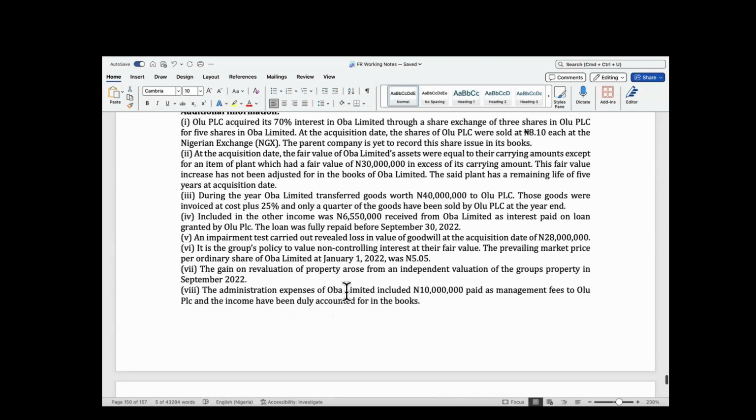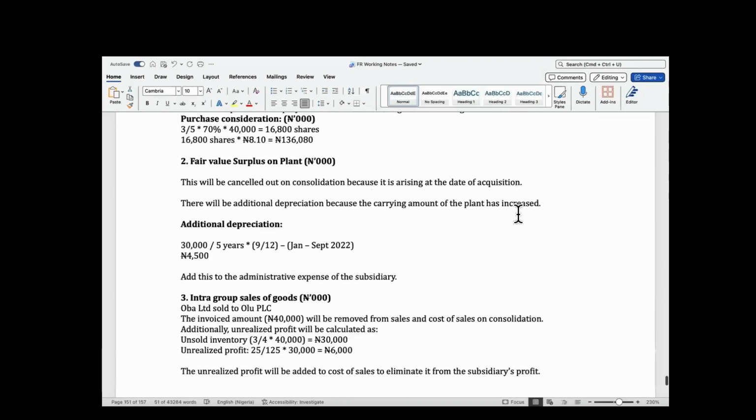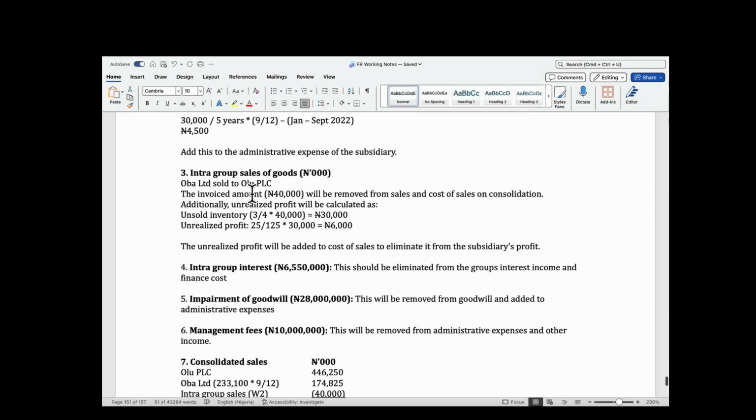Furthermore, note 3, intragroup sales of goods. So we sold goods for 40K. We remove it from sales and cost of sales on consolidation. And the unrealized profit on the unsold inventory. No, let me not do it like this.